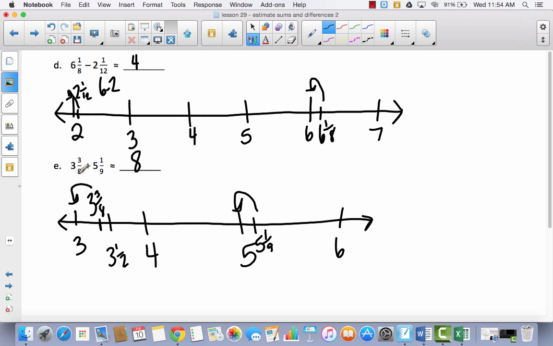You also could have said, well, 3 and 3/8 is really close to 3 1/2, and 5 and 1/9 is close to 5. So you could have said it's about 8 1/2. I would have counted either of these answers correct, because it's an estimate. 8 1/2 would be a more accurate estimate, but 8 is still really close to the actual answer too. So I would have counted them both correct.